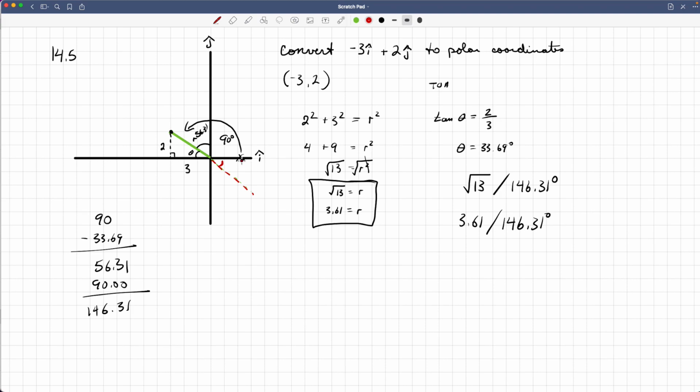So because it's this way, it'd be negative 33.69. So that would be negative 33.69. And then this would be on this side. So it would be negative 3.61 because it's on the wrong side. It's measured this way and that way.